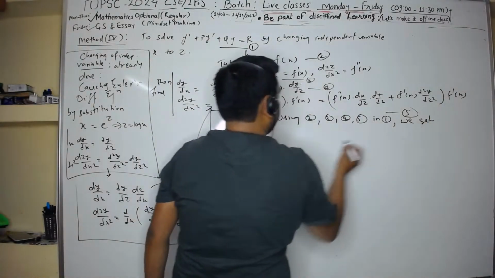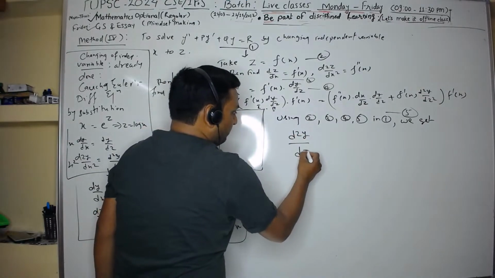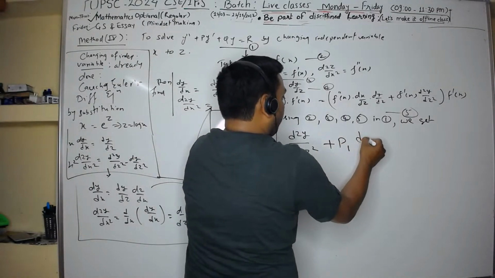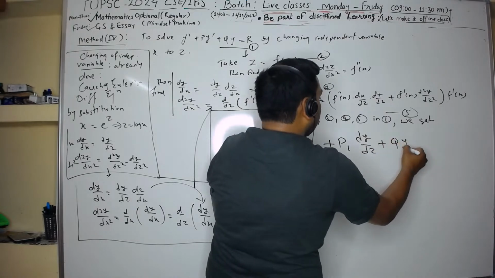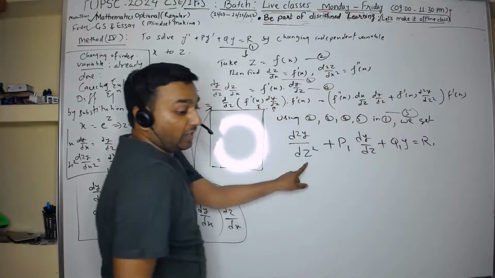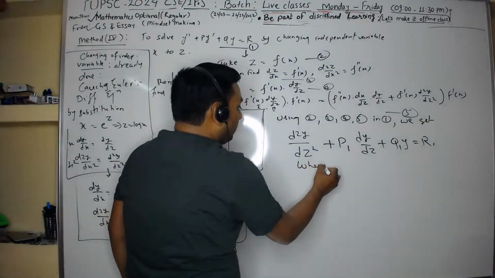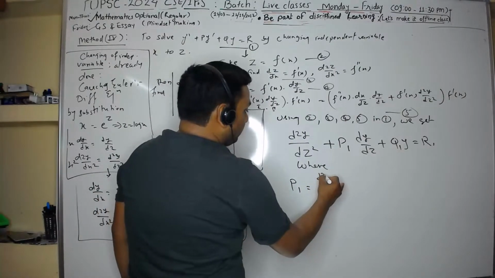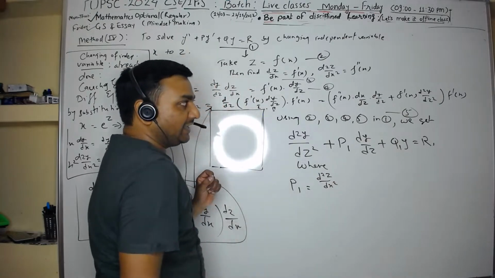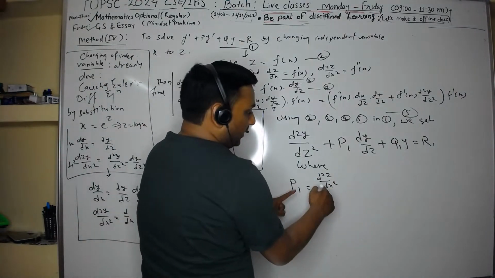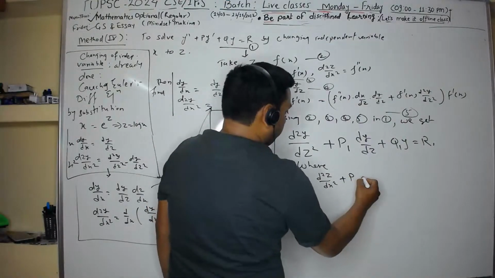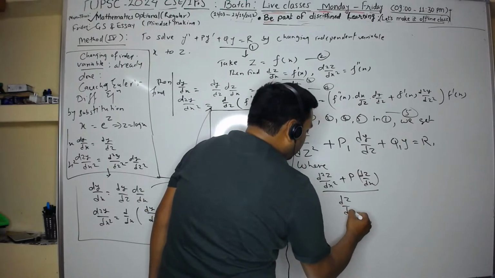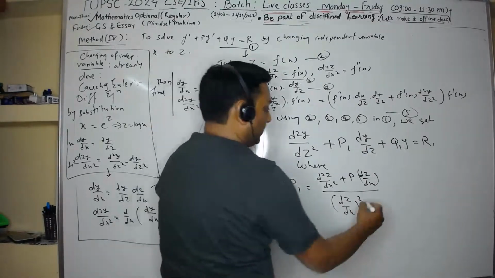We get a differential equation with the new independent variable z, plus some factor into dy over dz, plus q1 y equals r1, where when you put all these expressions here, p1 you will get as d2z over dx square plus p dz over dx, divided by dz over dx whole square.